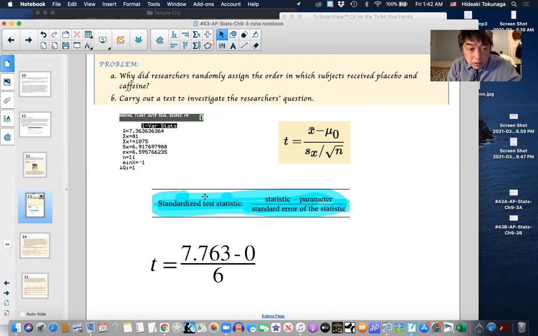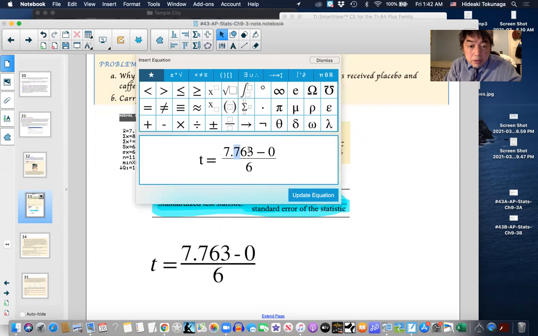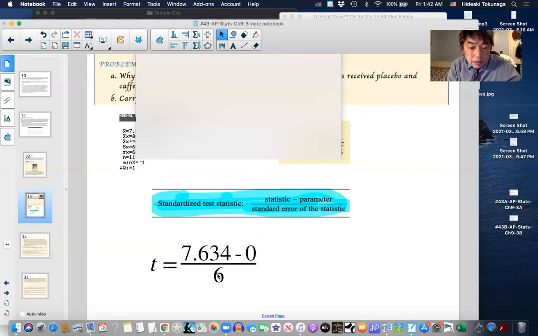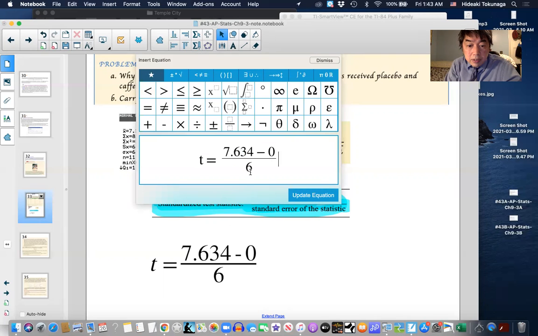All right, let's see again. 7.634, actually 634. 7.634 minus 0, and 6.917 is the denominator, the standard deviation.